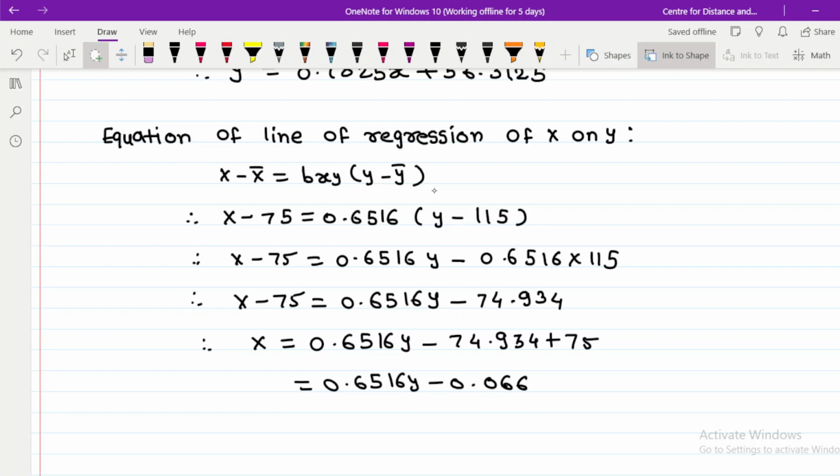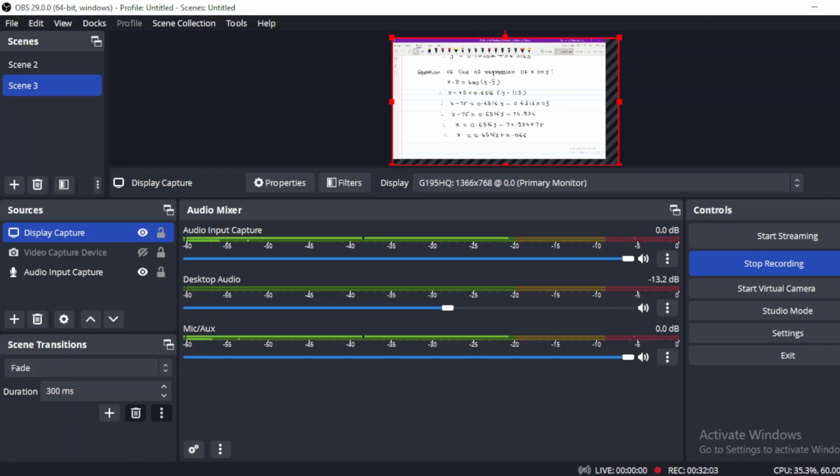Therefore, this is the equation of the line of regression of x on y, that is x is equal to 0.6516y plus 0.066.